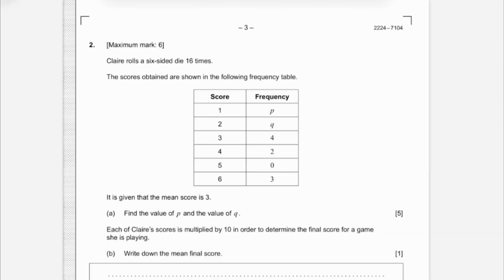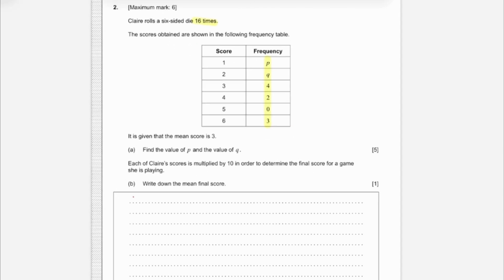Question 2. So we know that Claire rolled a die 16 times, and these are the scores, and these are the frequencies. Knowing that, we can move on to A. So for A, we know that P plus Q equals 16 minus 4 minus 2 minus 0 minus 3.